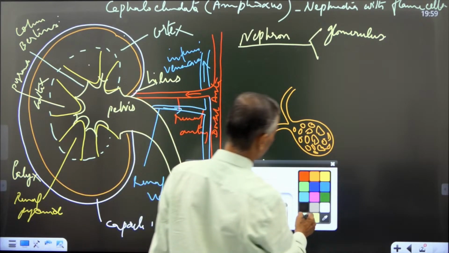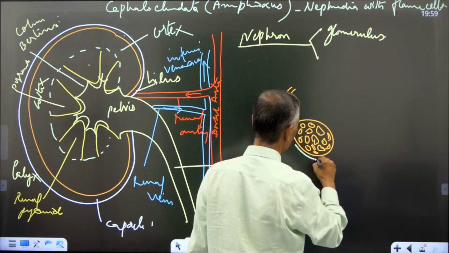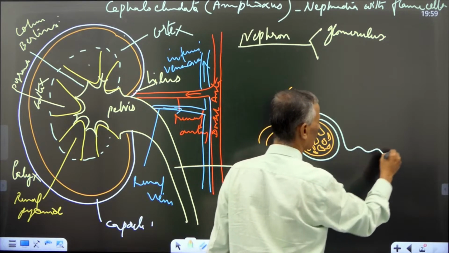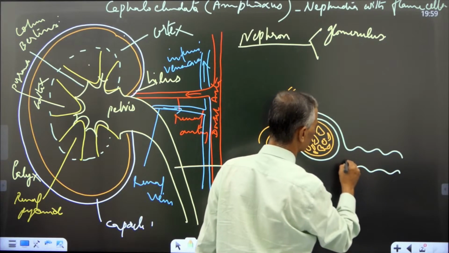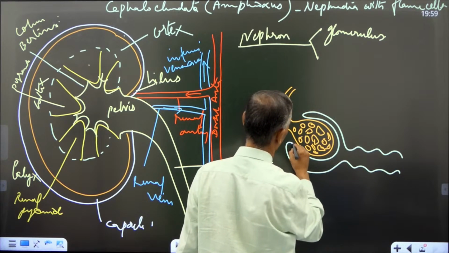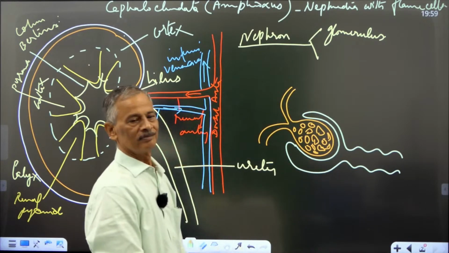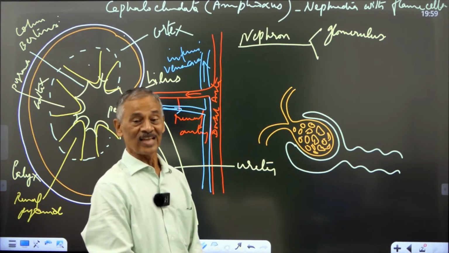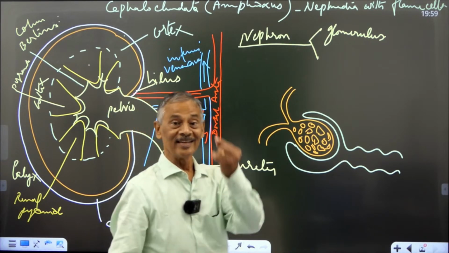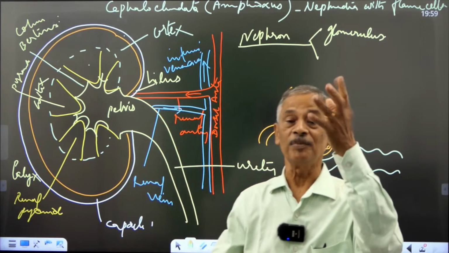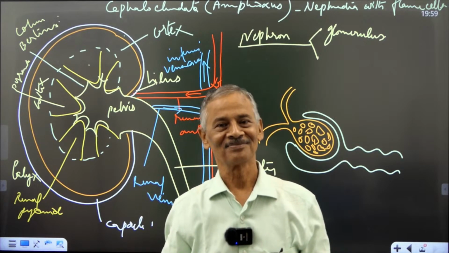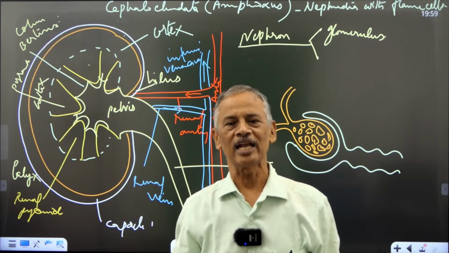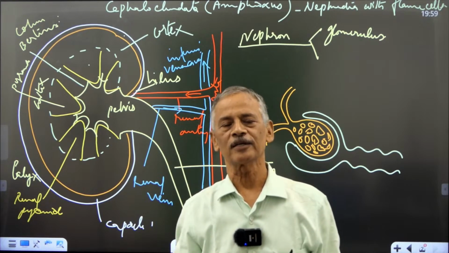What is that? It is a highly coiled thin walled tube which is having only a length of about 3 centimeter. It's a highly microscopic structure having a length of about 3 centimeter average.